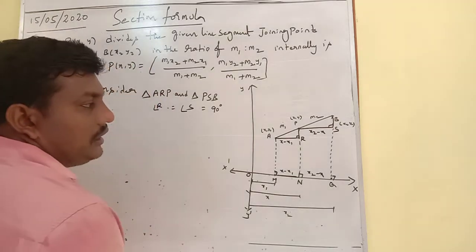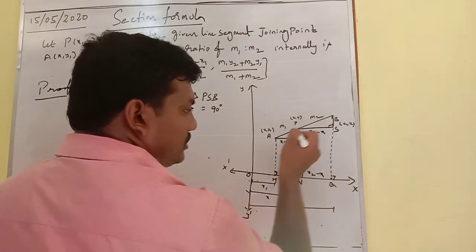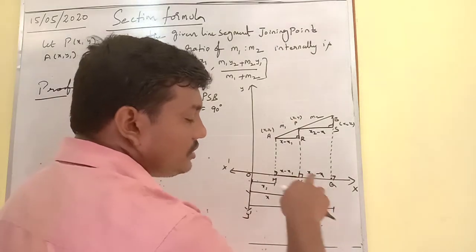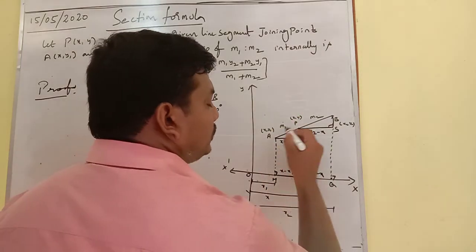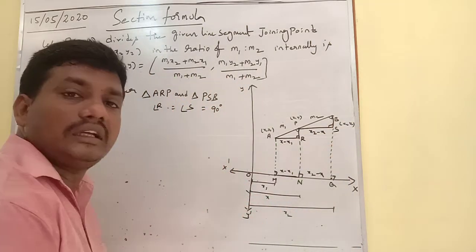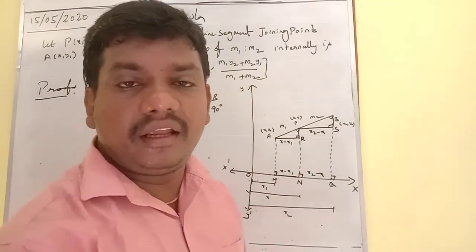Then if you consider this a transversal, these two lines are parallel, because two normals to the same line are parallel to each other. Now this angle is equal to this angle because they are corresponding angles.